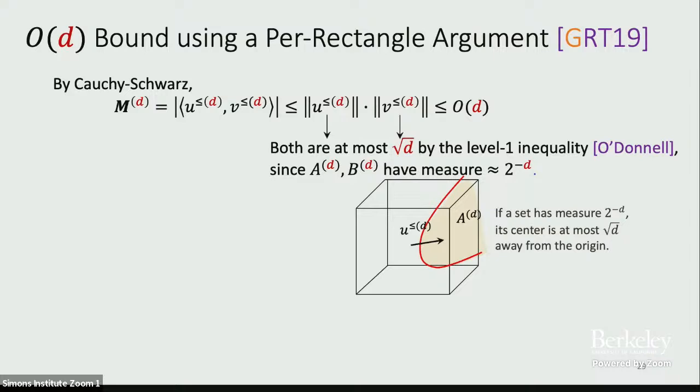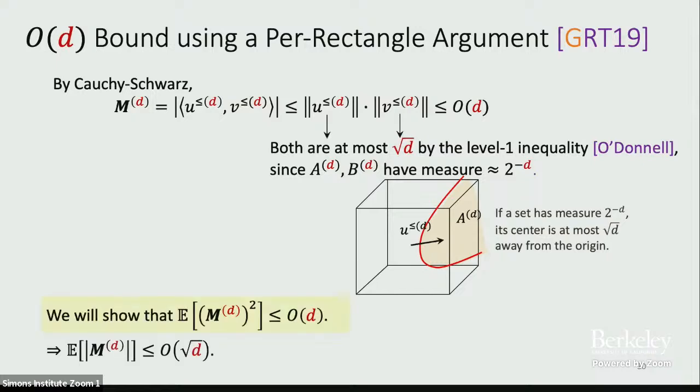It says that if you are given a set in the Boolean hypercube that is not too small, then its center cannot be too far from the origin. In particular, if you have a set of measure 2 to the minus D, its center is at most square root D away from the origin. And because U and V are the centers of Alice's and Bob's sets, and in a protocol, you can assume that Alice's and Bob's sets at the leaf have measure at least 2 to the minus D, it follows that each of these centers is at most square root D long. And this gives you the order D bound.